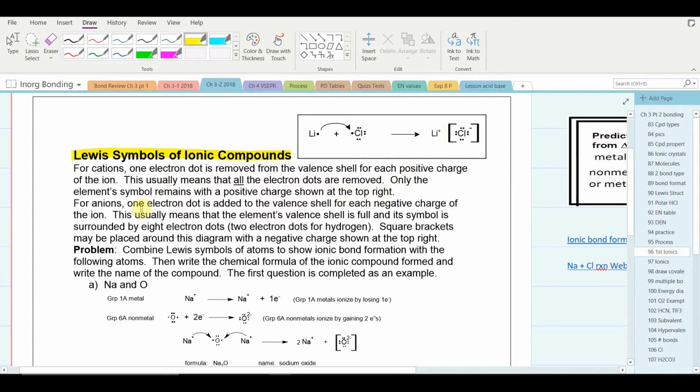For anions, one electron dot is added to the valence shell, like here, chlorine goes to chloride, for each negative charge of the ion. This usually means that the element's valence shell is full, and its symbol is surrounded by 8 electron dots in most cases, or 2 dots for the case of hydrogen gaining an electron. Let's try some examples.